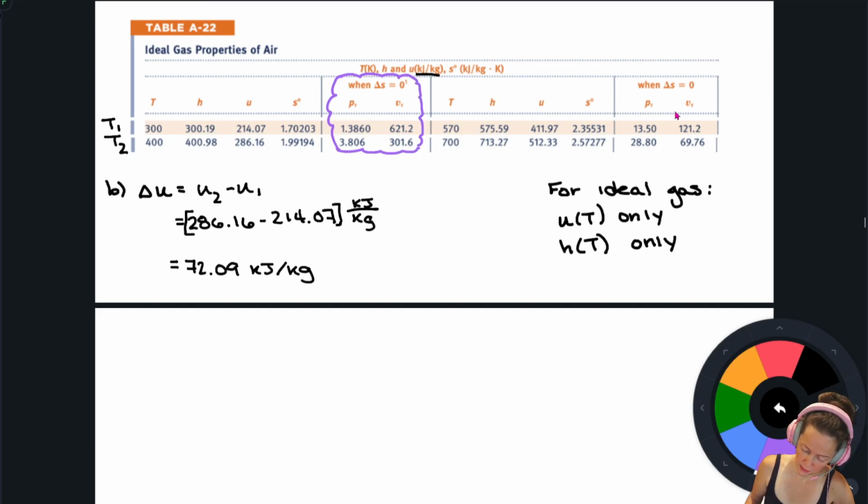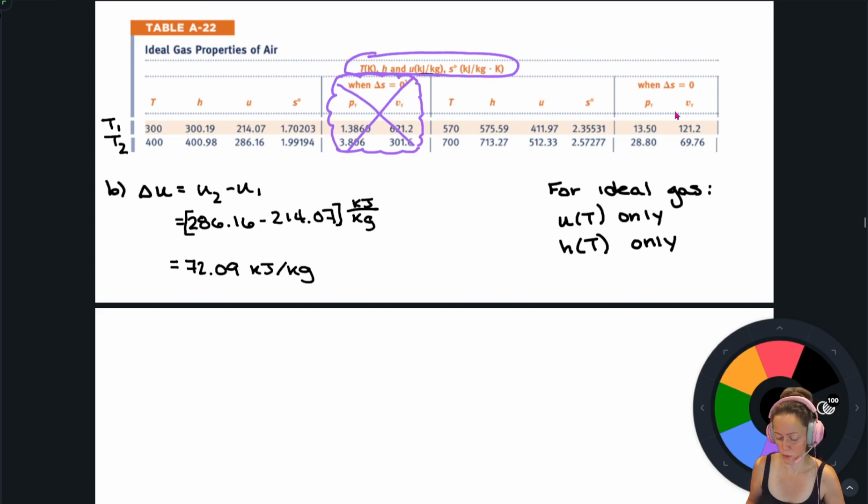Now I want you to notice this guy right here. You have these other columns. You've got a PR value and a VR value. We are not going to use those. That's not pressure and it's not specific volume. We will eventually use those, but not quite yet. You'll notice that up here they define units for temperature, for enthalpy, for internal energy, and they even give you units for this guy, which we're not going to use yet either.